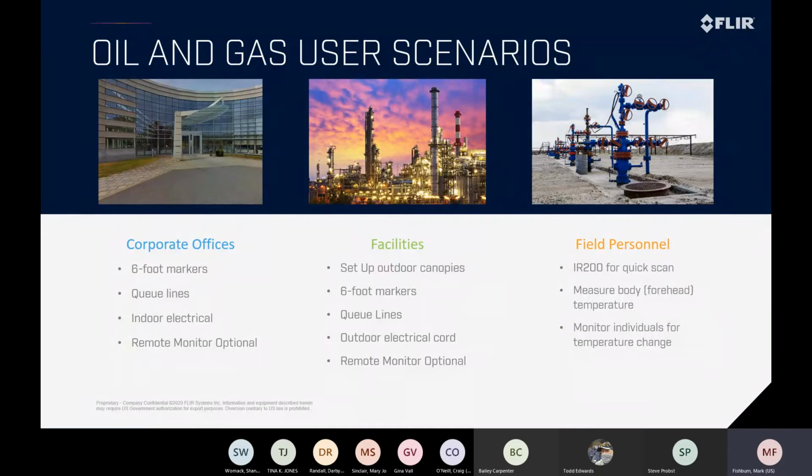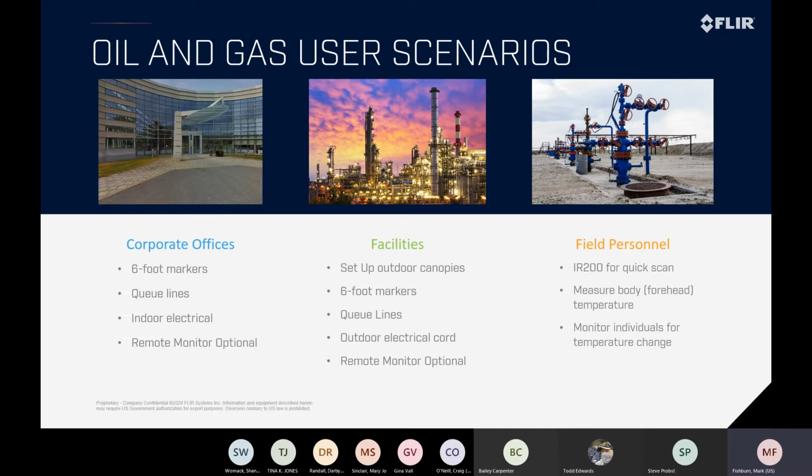So for corporate offices, you would have some 6-foot markers. You would queue up some lines. You'd be using the indoor electrical. You wouldn't need any other device or tenting inside the building. They would come in the door. And if you preferred, you could do it out front, obviously in front of the door. So for those facilities, you could set up a canopy.